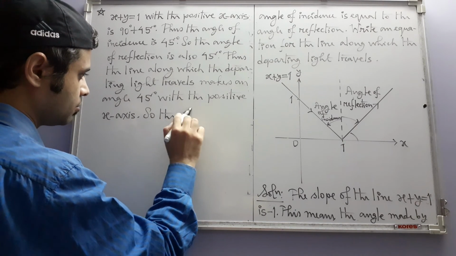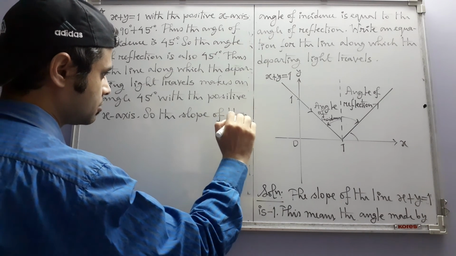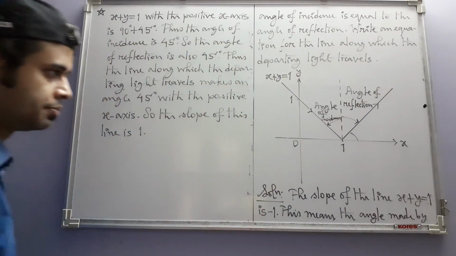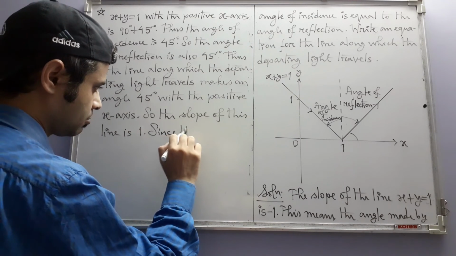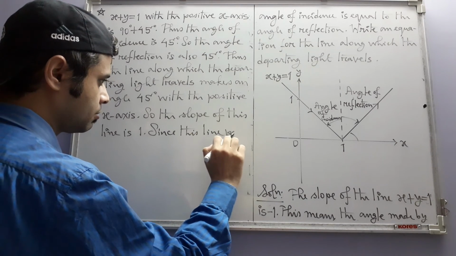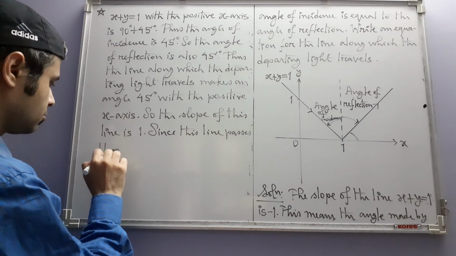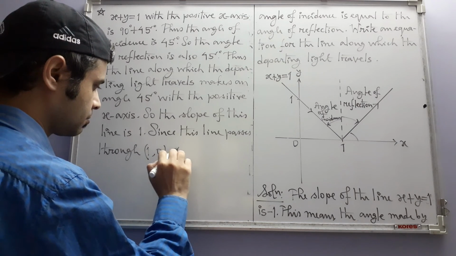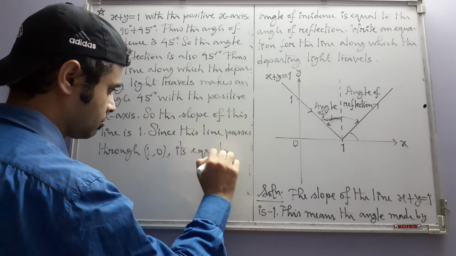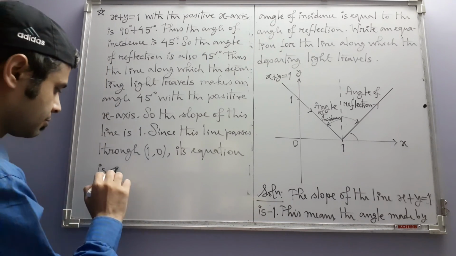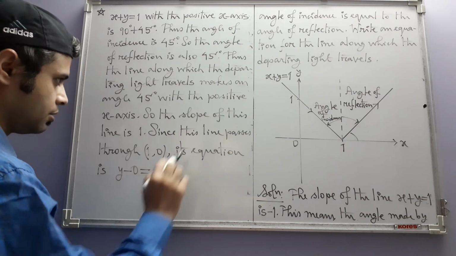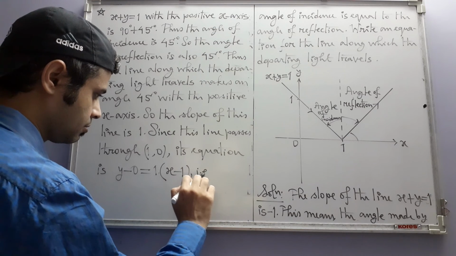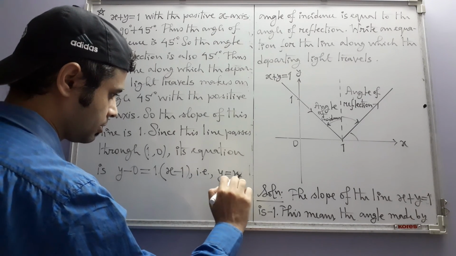So the slope of this line is 1. Since this line passes through this point (1, 0), its equation is y minus 0 equal to slope 1 times x minus 1, that is y equal to x minus 1.